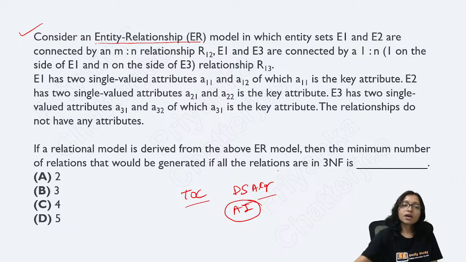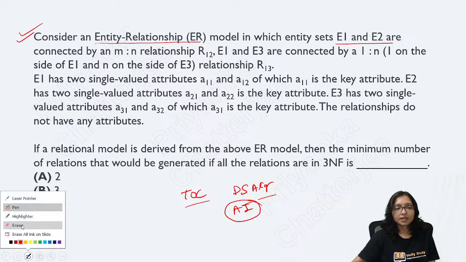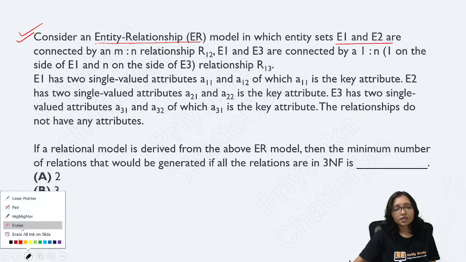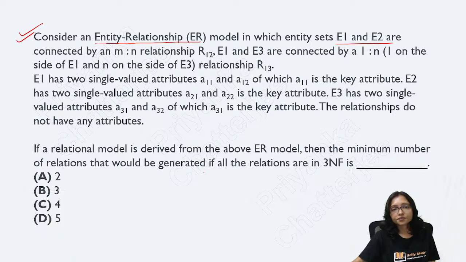Okay, so here what will be the answer? Consider the ER diagram model E1 and E2 connected with M to N. Here draw this one. That is, you can see here the M to N relationship, E1 E2 connected with M to N, right? So here you can see this is an M to N relationship.